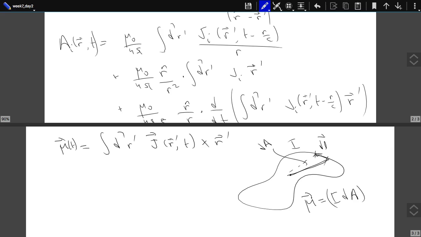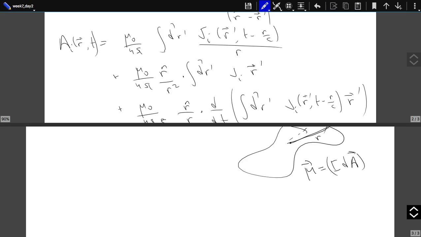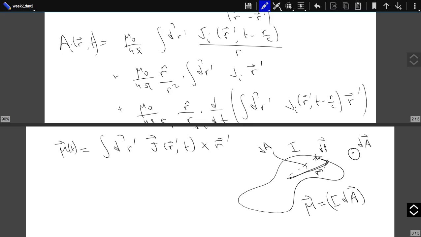Let's say dA is in which direction? Let's just define the dA vector out of the screen. Basically mu times dA, the contribution from that segment. Now this is R. This is the R vector. R cross dL is nothing but dA.